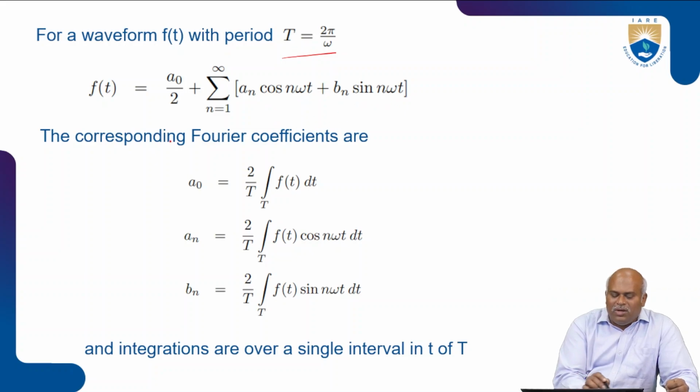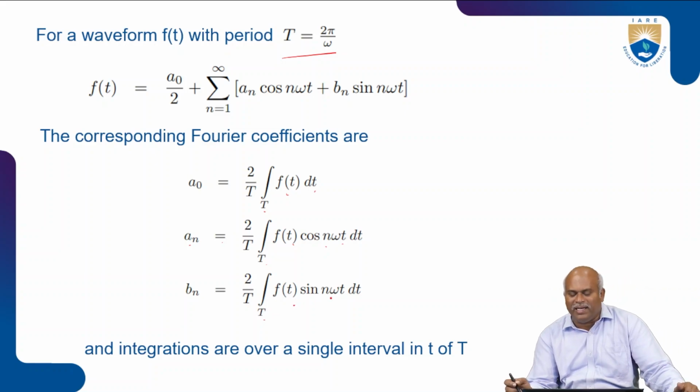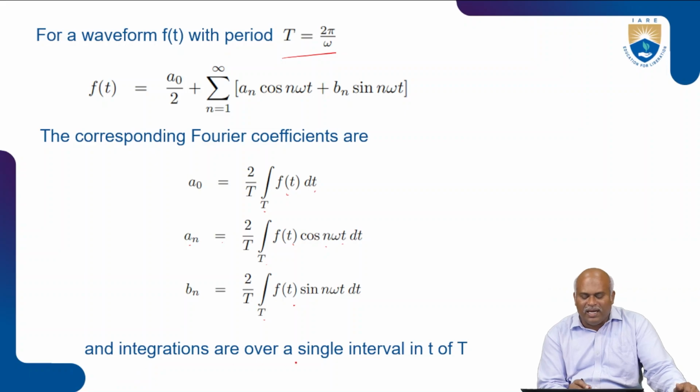So, if you write a0 is equal to 2 by T integration over T f of t dt, an is equal to 2 by T integration over T f of t cos n omega t dt, and bn is equal to 2 by T integration over T f of t sin n omega t dt. The integral over the single interval is represented as T equal to capital letter T.